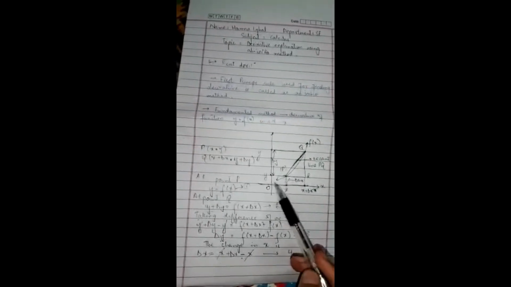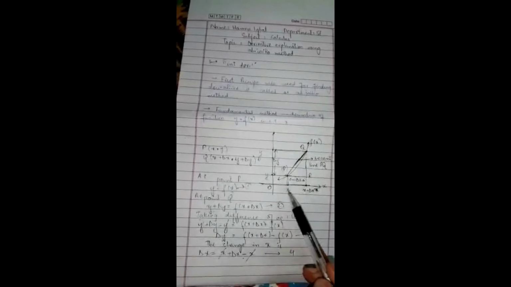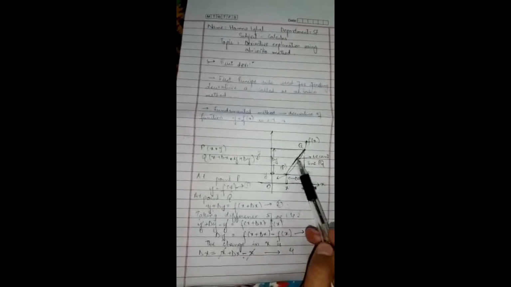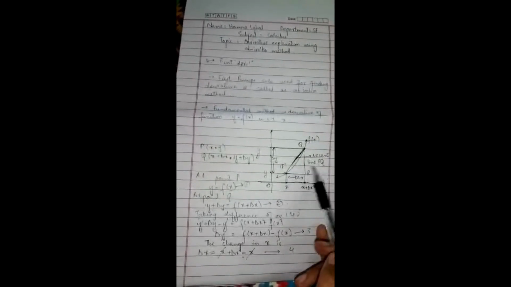Now we can see the average rate of change of y per unit change in x, in the form of the line PQ, because this line PQ is called the secant line PQ.